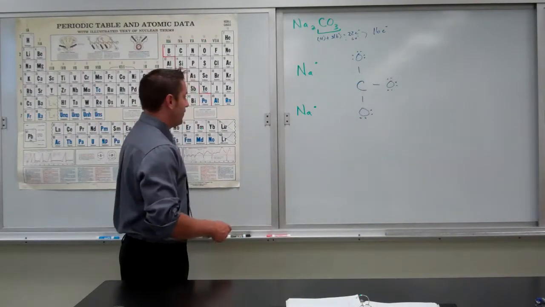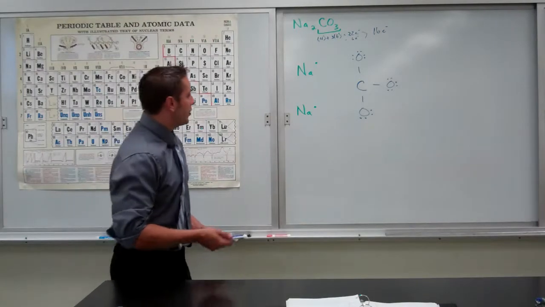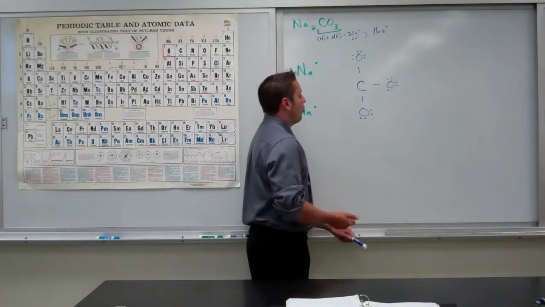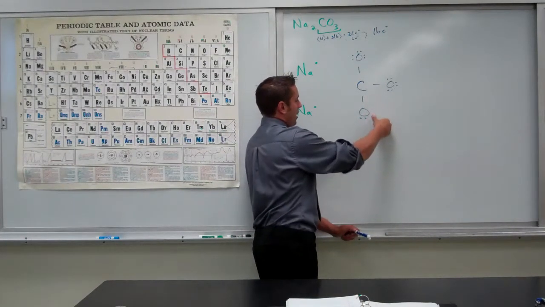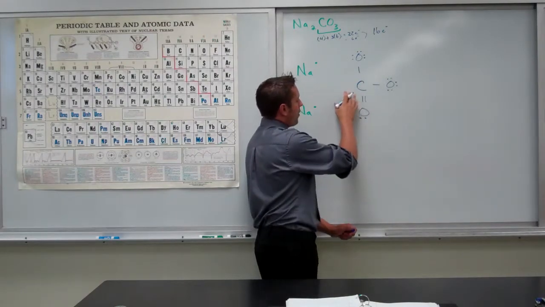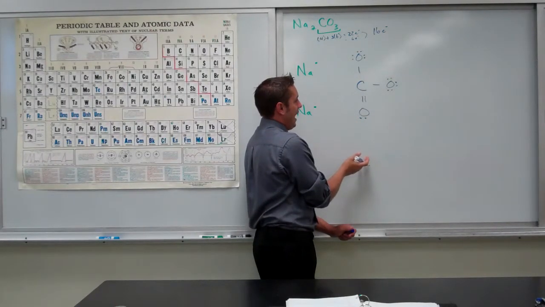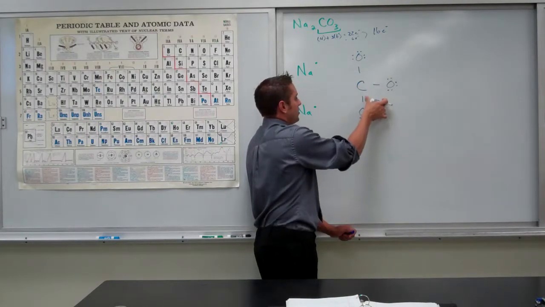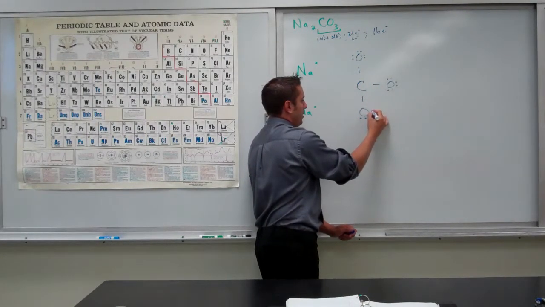So if you try to solve this problem, you may first try to create a double bond somewhere to make these happy. Right? Well, if you take 2 off of here and push them in here, you've made carbon happy, but oxygen is still unhappy. Right? It has 2, 4, 6, 8, but 2, 4, 6. So that doesn't seem to do the trick.